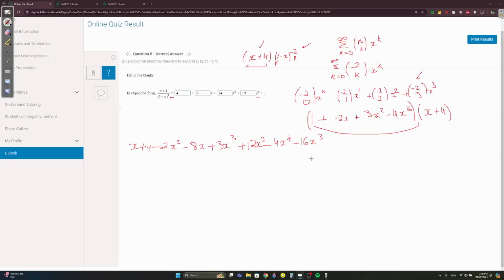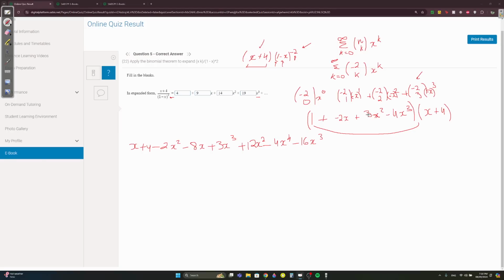I think I made a mistake. I realize now I forgot to do my x. Instead of writing x, it should be negative x. I didn't realize that. Please be careful when solving. You would have gotten the question wrong if you did the same thing as me. Okay? It's negative x. So negative here, and negative here as well.